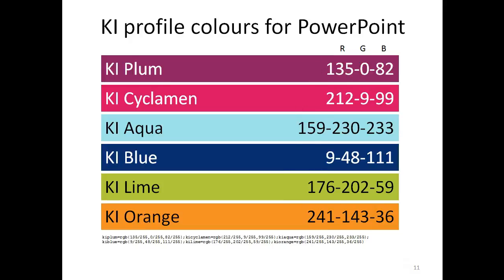So these are the codes you might use if you want to align the colors of your R graphs to the colors used in, for example, the PowerPoint templates provided by KI.